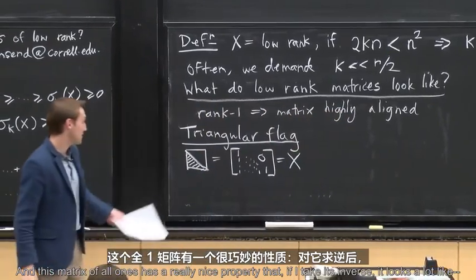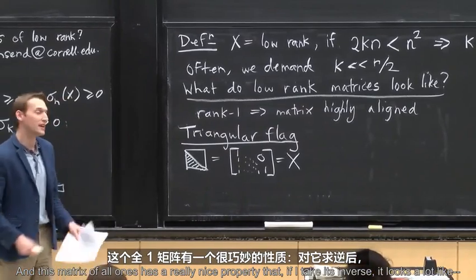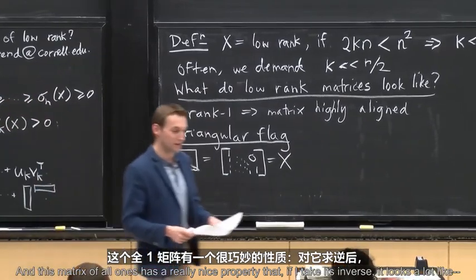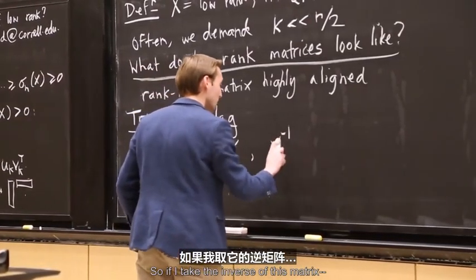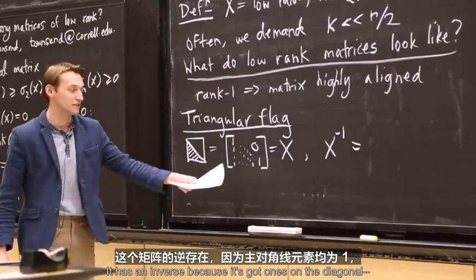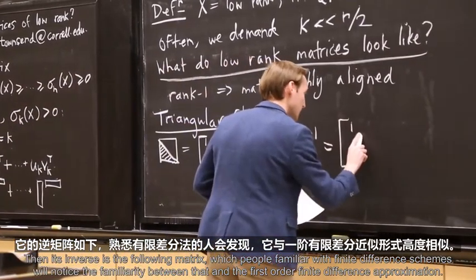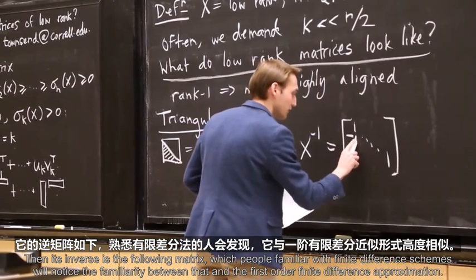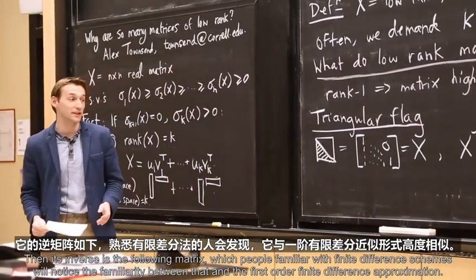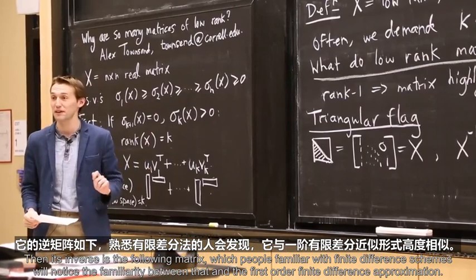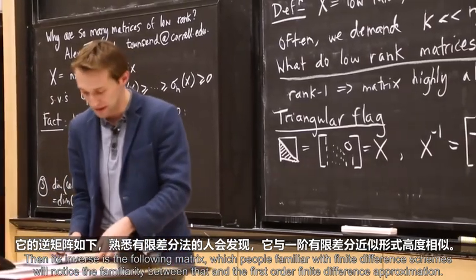And this matrix of all 1s has a really nice property that if I take its inverse, it looks a lot like Gill's favorite matrix. So if I take the inverse of this matrix, it has an inverse because it's got 1s on the diagonal, then its inverse is the following matrix, which people familiar with finite difference schemes will notice the familiarity between that and the first order finite difference approximation.